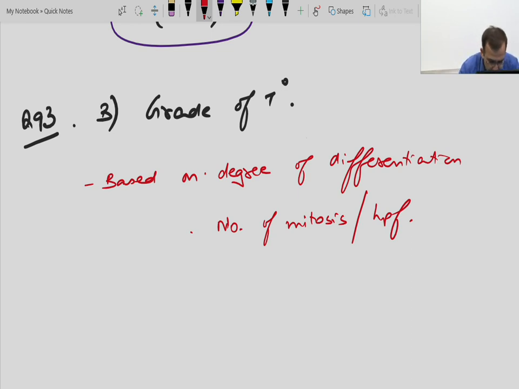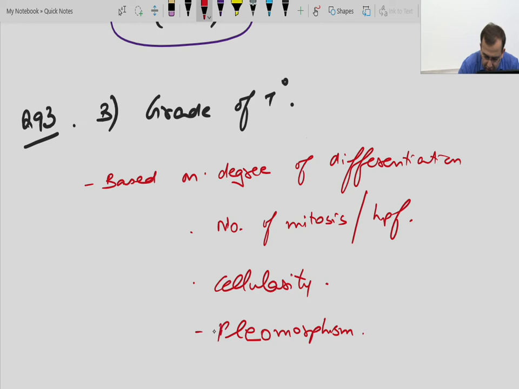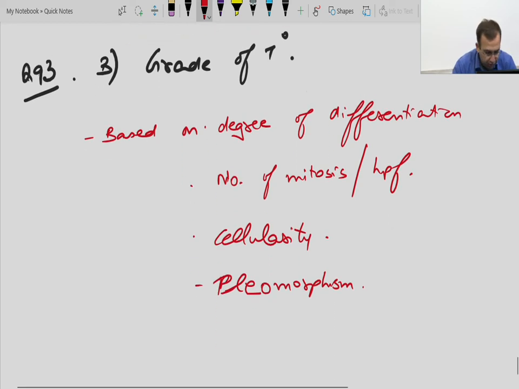Then cellularity, pleomorphism, which is the variation in size of the cells and nuclei, and necrosis.